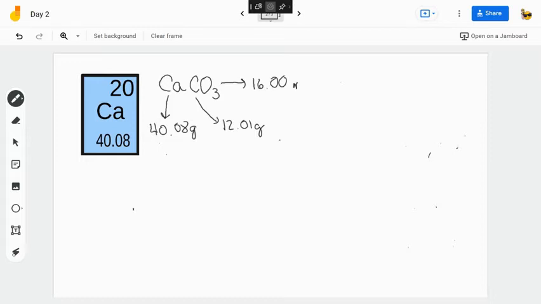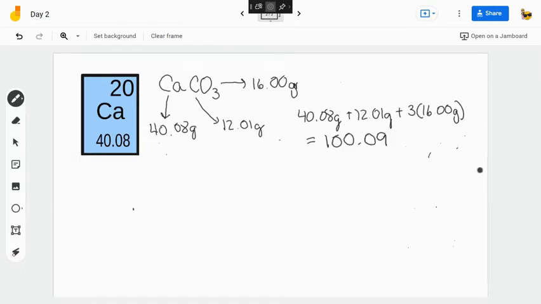So in order to get the molar mass, I would add all of that up. So it'd be 40.08 plus 12.01 plus 3 times 16.00 grams. And you add that up, and the mass of 1 mole of calcium carbonate is 100.09 grams.